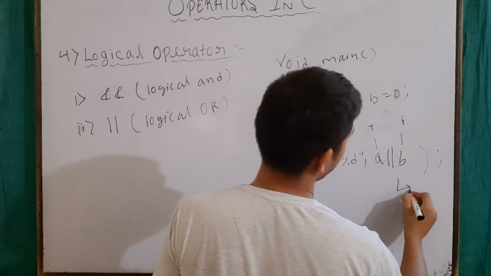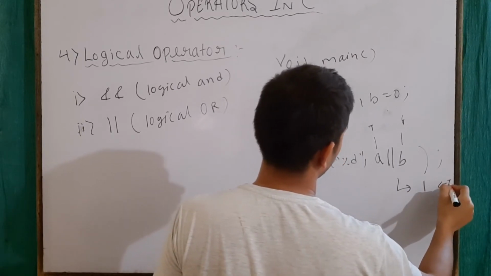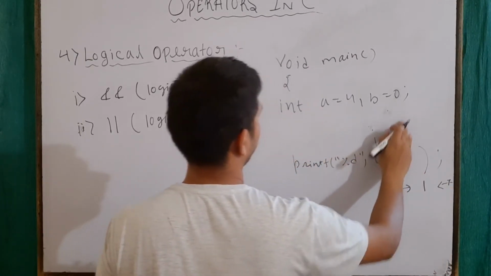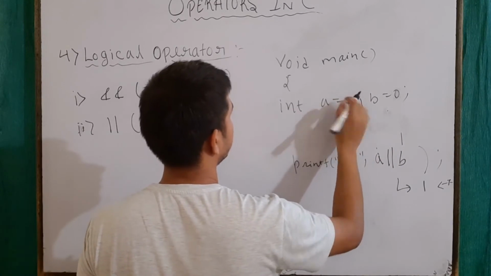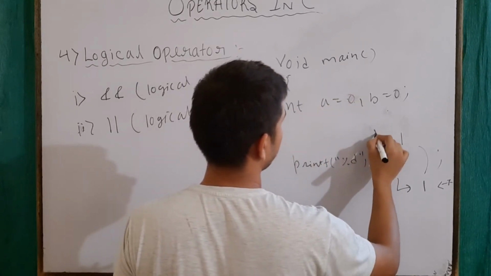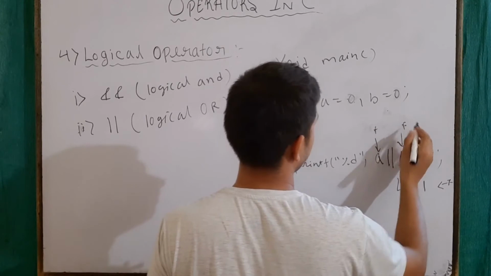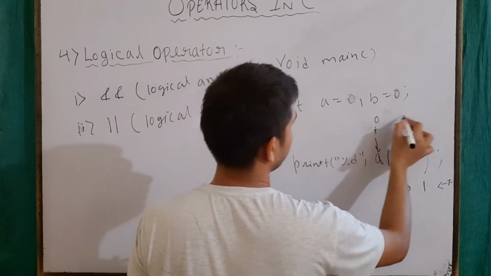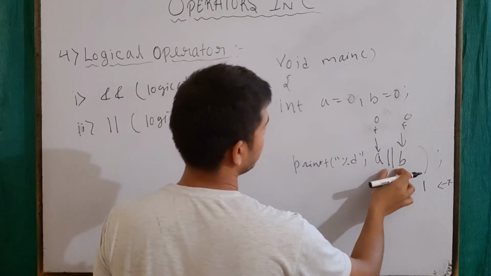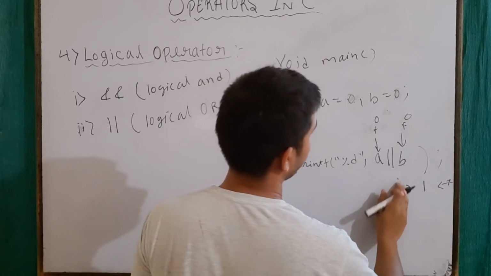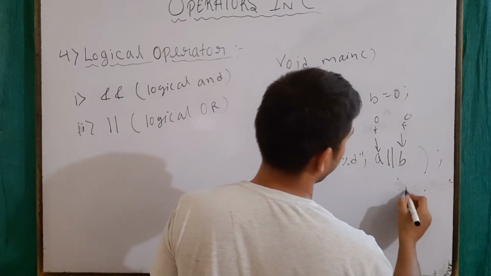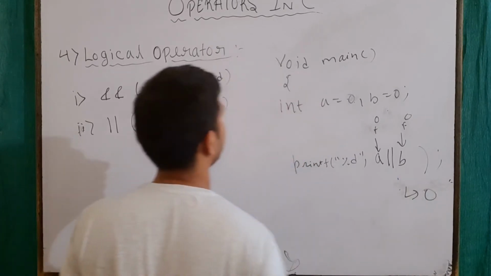So the OR result will be 1. 1 means true, right? Let's say now A is 0. Now this is false and this is also false. Both are 0. 0 logical OR 0. The result will be false, and false means 0. So output will be 0.